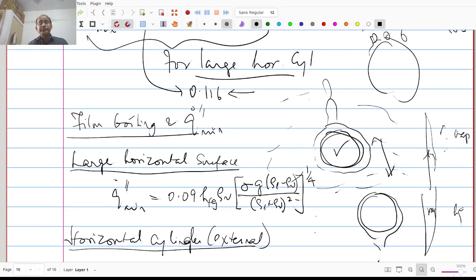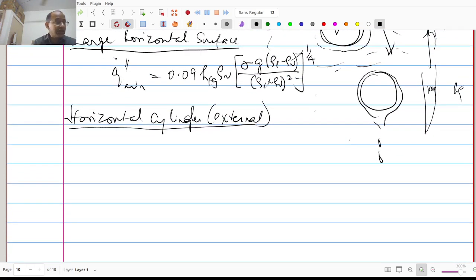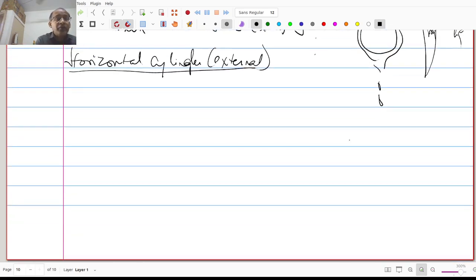If I have hot gases flowing through a tube and the tube is immersed inside a liquid bath and there is film boiling happening on the surface, then the external horizontal cylinder has a correlation which has quite a bit of similarity to horizontal cylinder film condensation. I didn't write the expression for film condensation when we looked at it, so I'll write that also here and you'll see the similarity. So this is film boiling and this is film condensation.